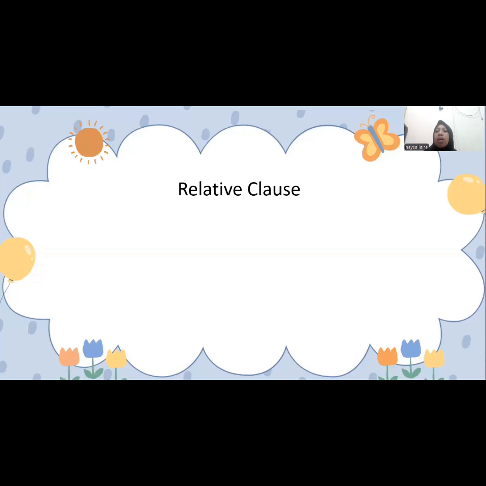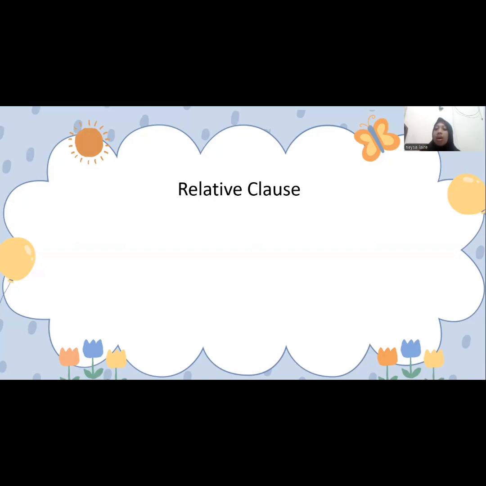Relative clause. A relative clause, also known as an adjective clause, is a dependent or subordinate clause that modifies a noun or pronoun in a main clause. It provides additional information about the noun, helping to clarify which person or thing we are referring to, or to add more descriptive detail.